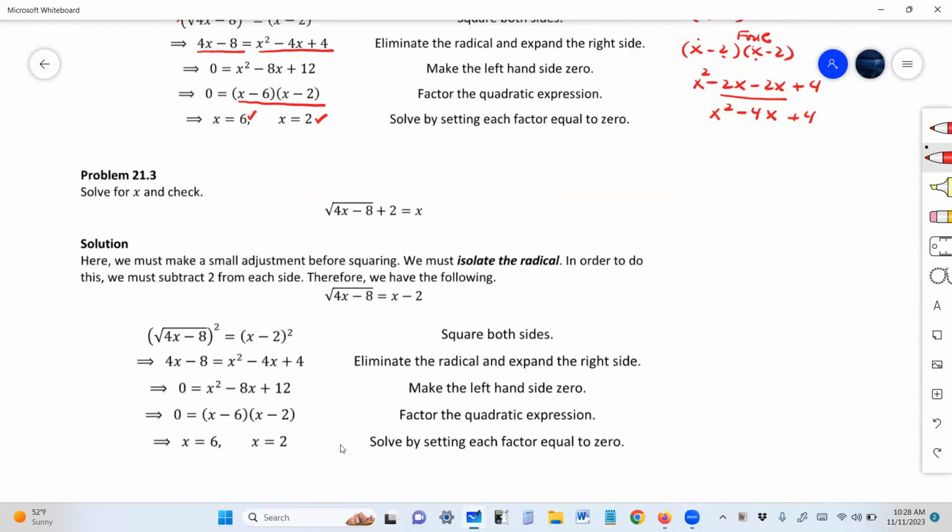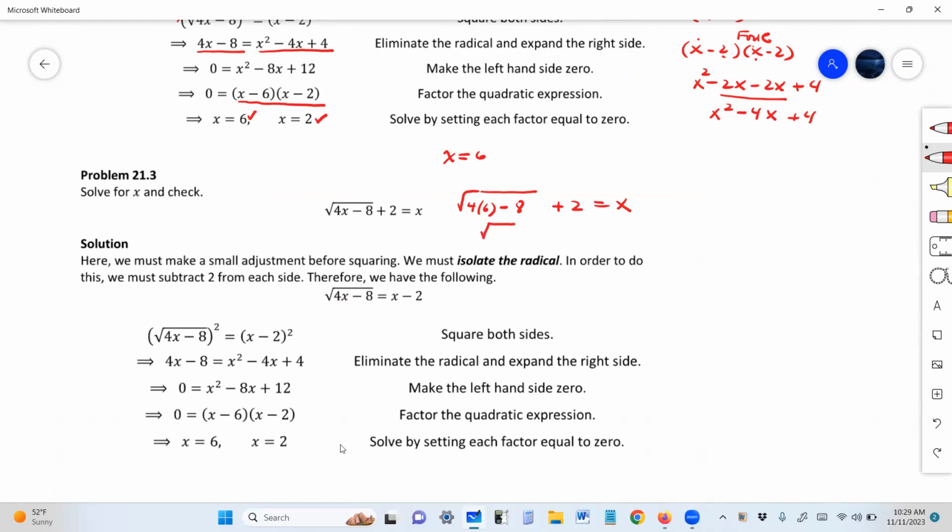All right, so this is the original equation. So here is the first check, 6. So radical 4 times 6 minus 8. For the check, you don't have to change anything. You can leave it the way it was. So I have 24 minus 8.